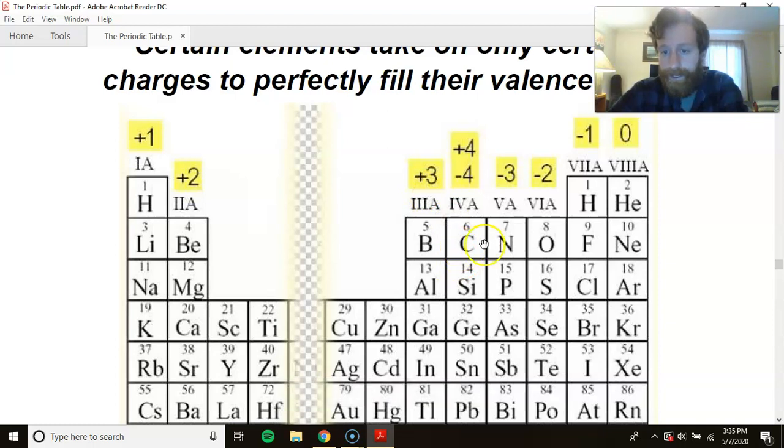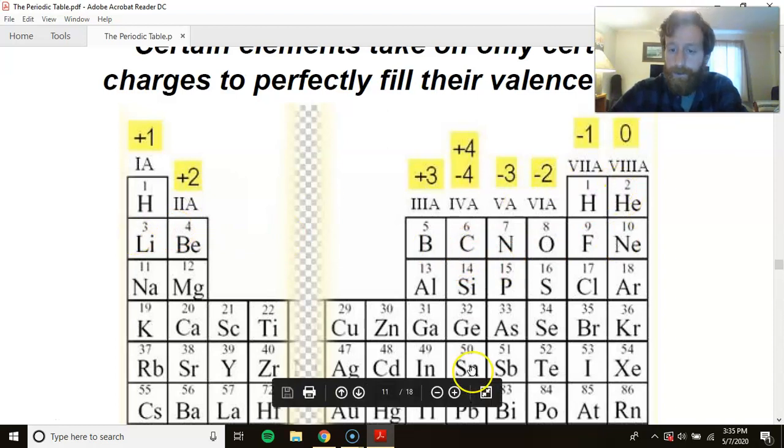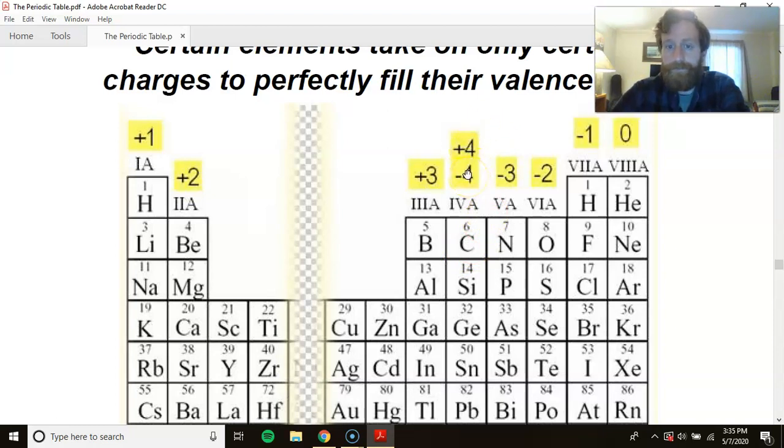It could either gain 4 to get to neon or lose 4 to get to helium. So carbon and those elements down kind of have a choice to make about which way they want to go. The ions could either be a +4 charge or a -4 charge. Either way would get them to have the same number of electrons and therefore electron configuration as their nearest noble gas.